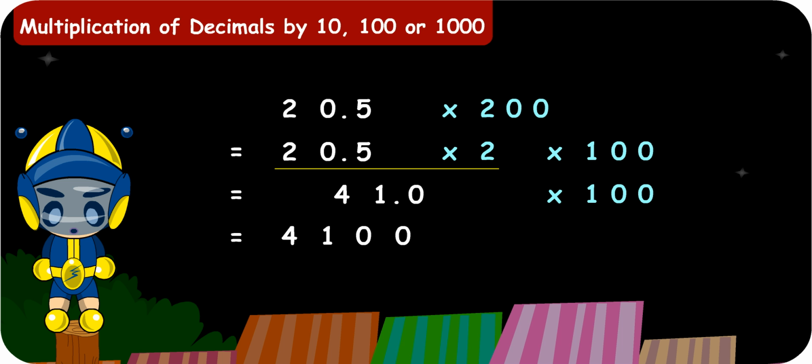We break 200 up into 2 times 100. We multiply 20.5 by 2 to get 41.0. And then we multiply 41.0 by 100. Finally, we get 4100.